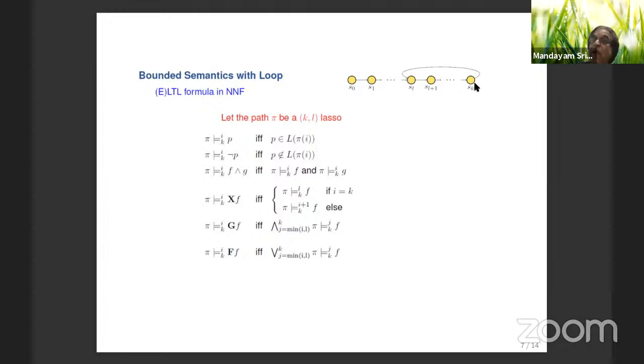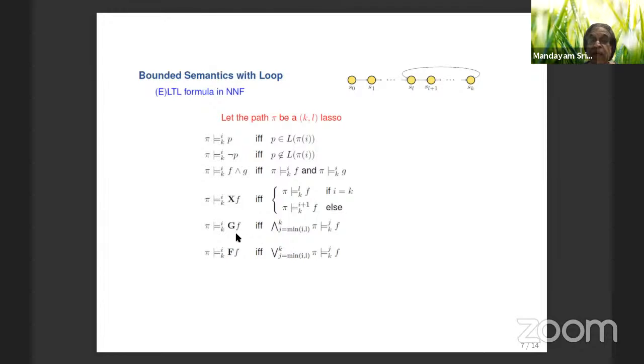It's all defined only by looking at the k-prefix. So you can keep doing this because this infinite path is due to the infinite repetition of the suffix from sl to sk. As a matter of fact, for arbitrarily large nesting of X, you're able to precisely define the semantics on pi, a lassoing path.